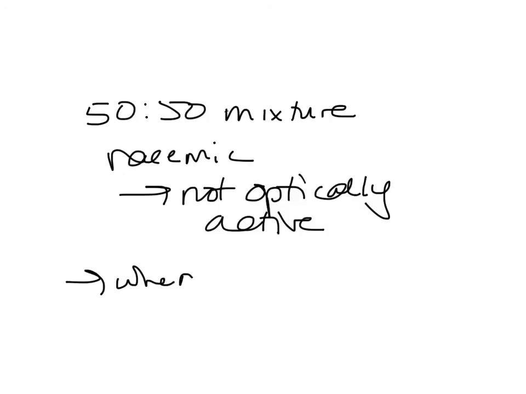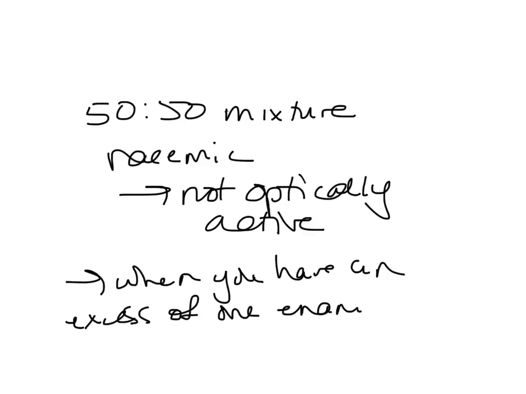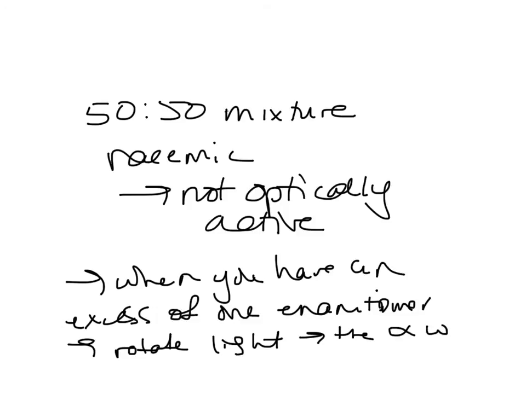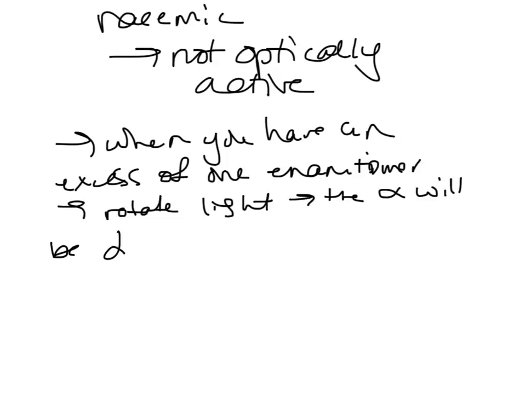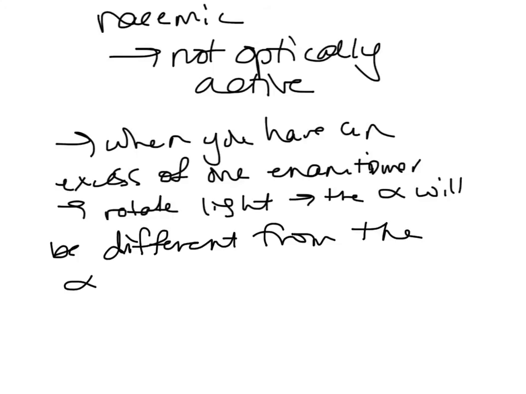When you have an excess of one enantiomer, you can still rotate light, but the angle, or alpha, will be different from the alpha of the pure enantiomer.